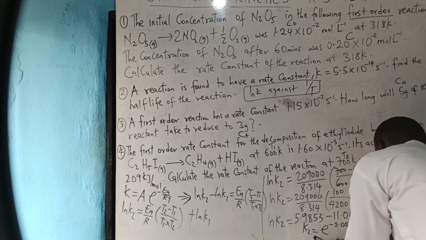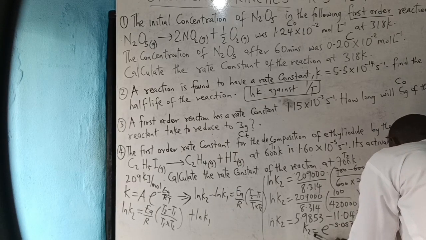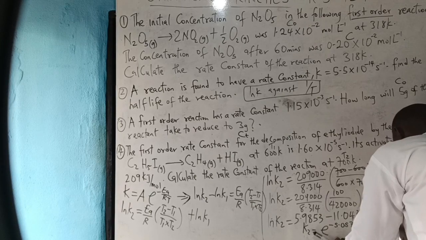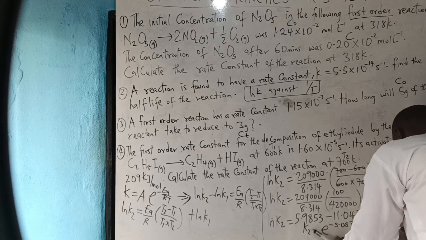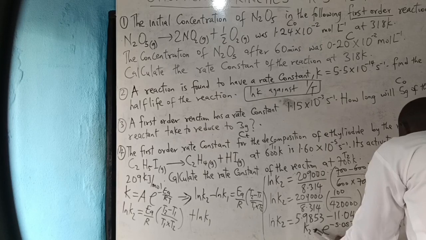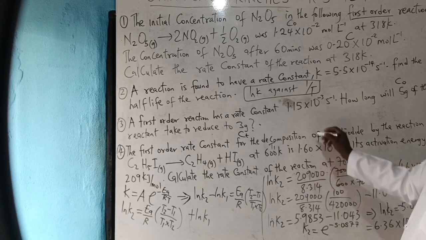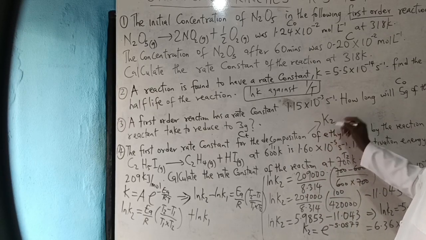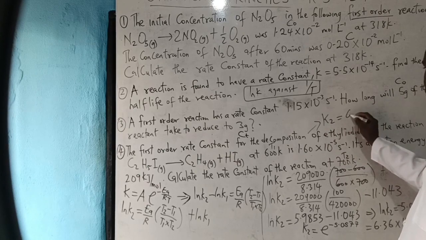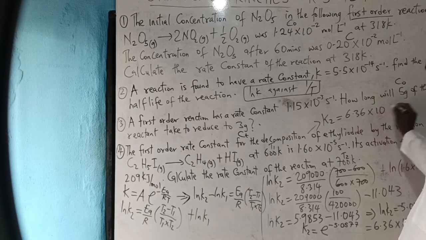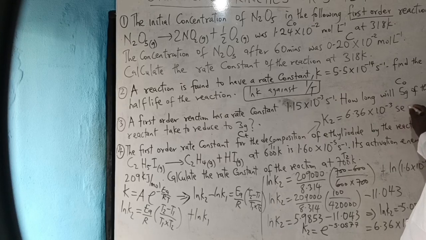And that will give you 6.36 times 10 raised to the power of minus 3 per second. That is the value for this question. So the final rate constant will be 6.36 times 10 raised to the power of minus 3 per second.